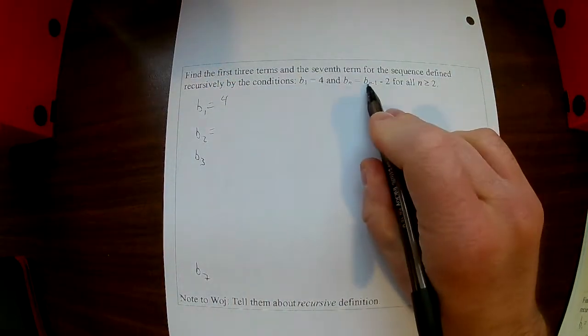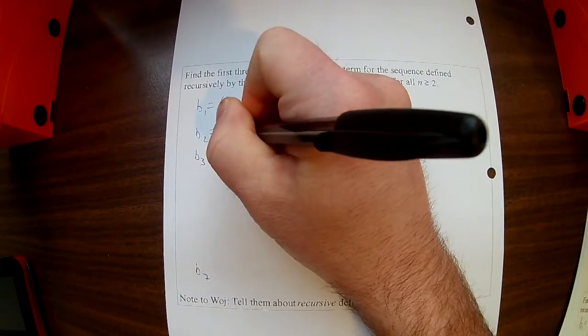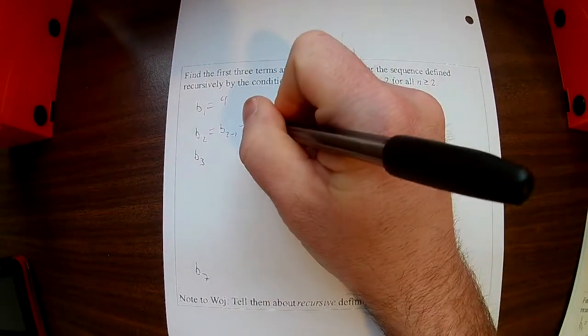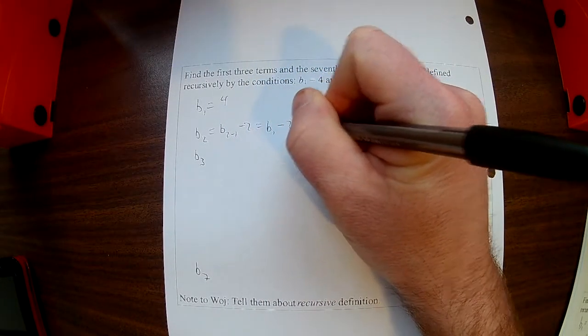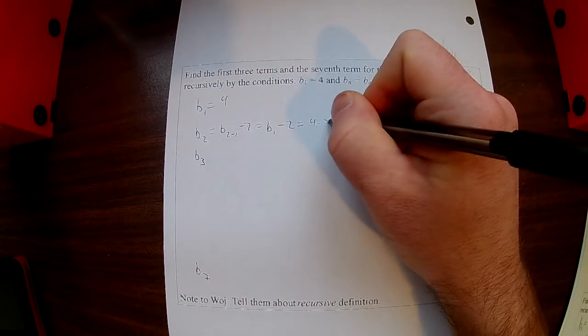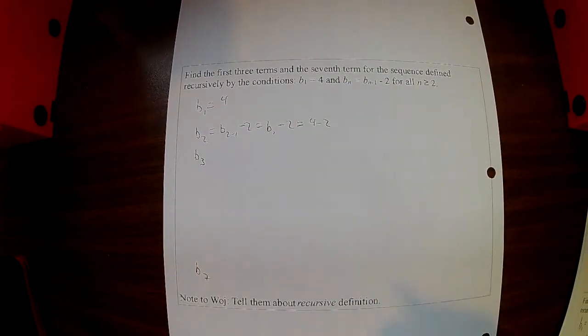B sub 2 would now actually be b sub 2 minus 1 minus 2. Well, 2 minus 1 is 1. This becomes b sub 1 minus 2. I have to look back previously, find out that b sub 1 is 4. I get 4 minus 2.